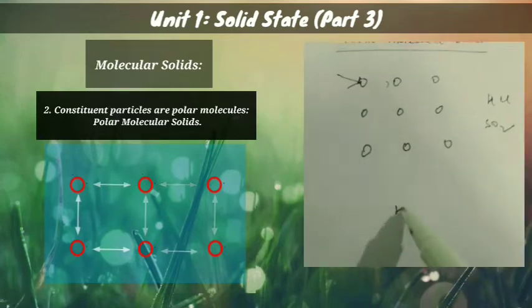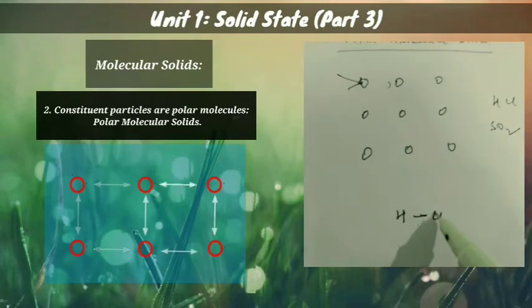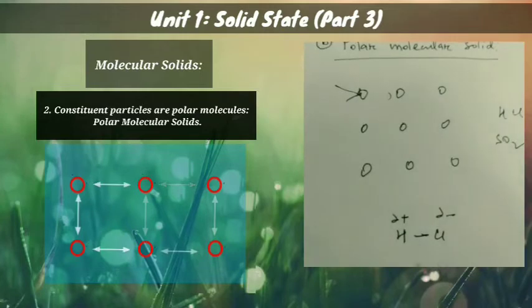Because in the case of HCl, because of the electronegativity difference, this will be delta negative and this will be delta positive. We have already discussed this one, no?